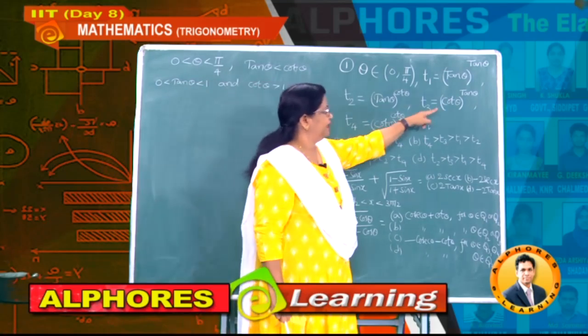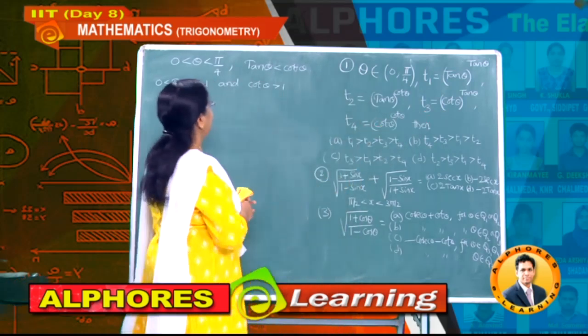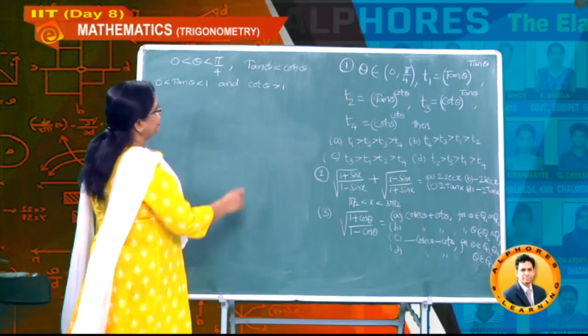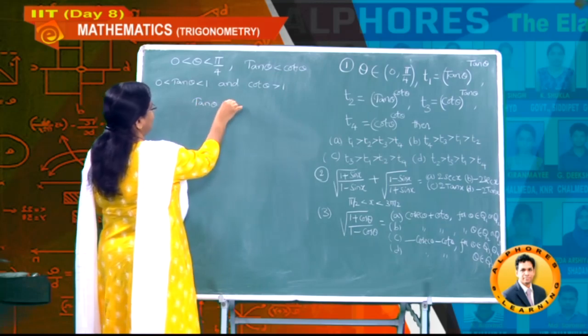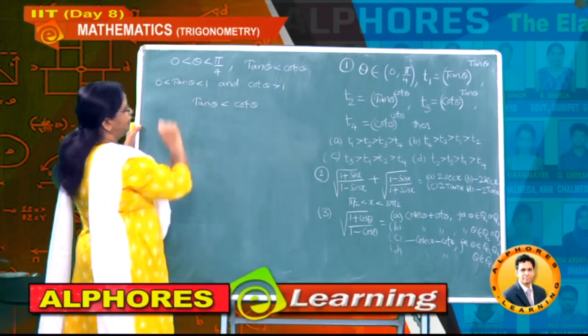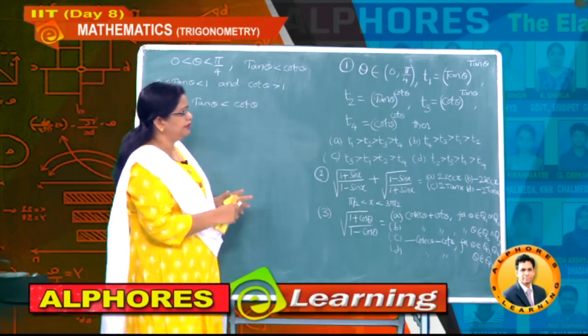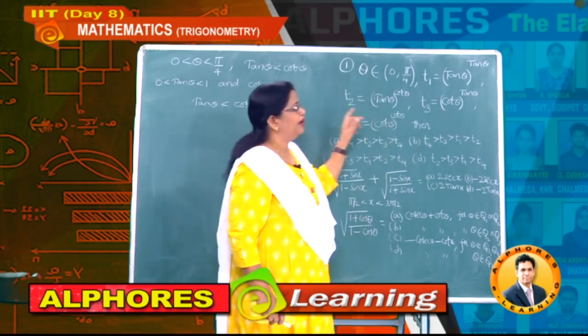Both the bases are cot and cot, and you got the relation here: tan theta less than cot theta. So I am taking here tan theta less than cot theta. Understand students, from this interval, now to this you have to take the base value as how much? Cot.